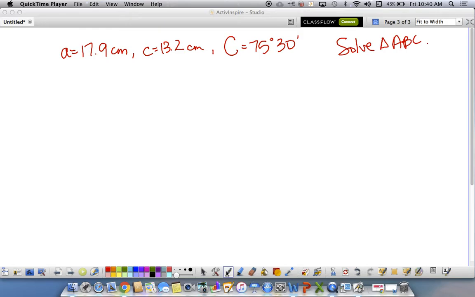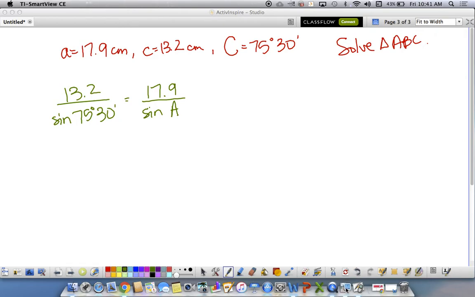I hope you've done a little bit, so I'm going to go ahead and start. 13.2 over sine 75 degrees, 30 minutes equals 17.9 over sine A. I have to pull up my calculator on my board because I left my calculator at my house.